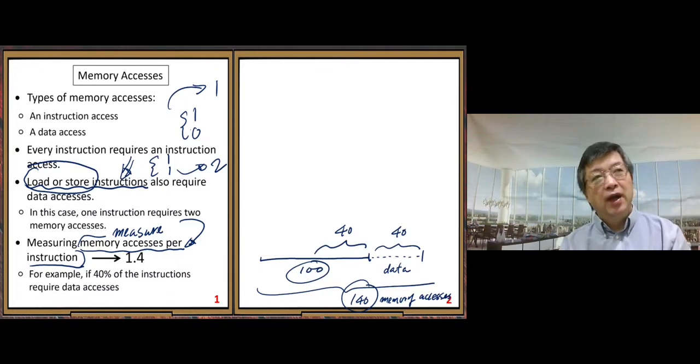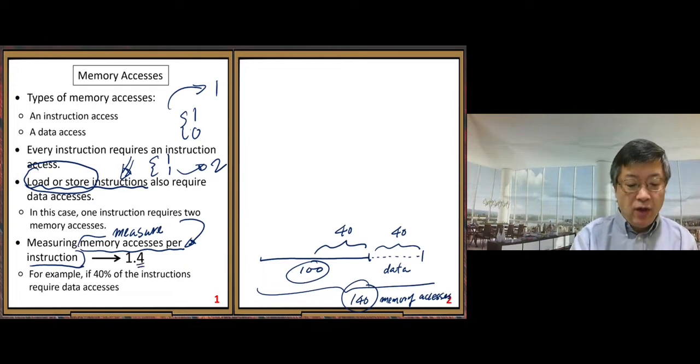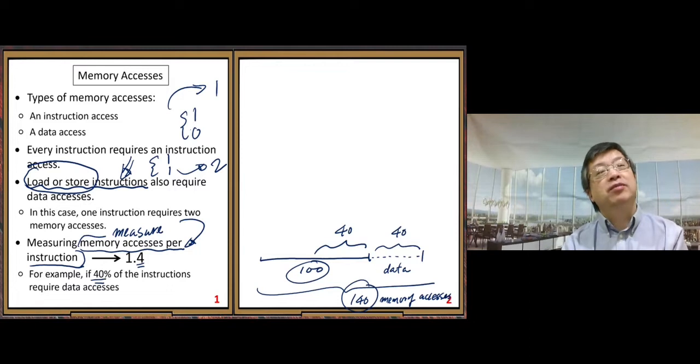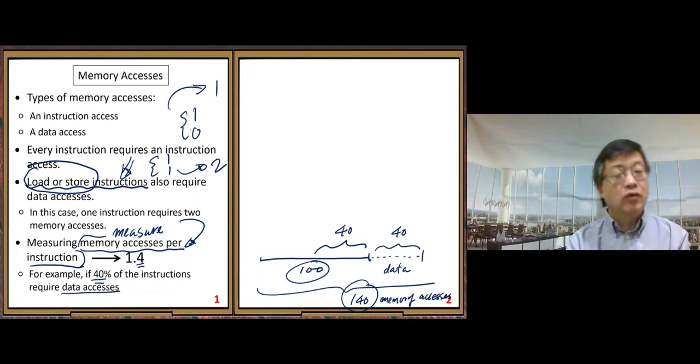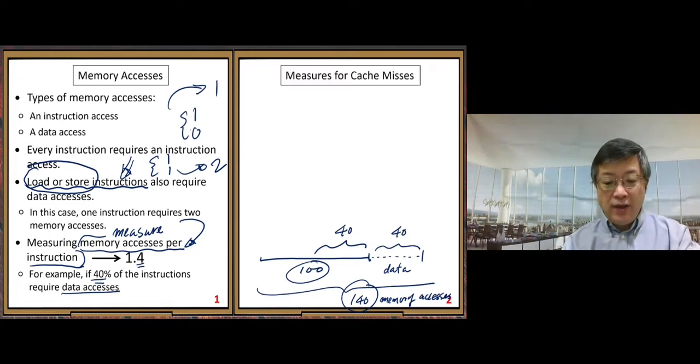That's simple: 1 plus that percentage corresponding to data accesses.